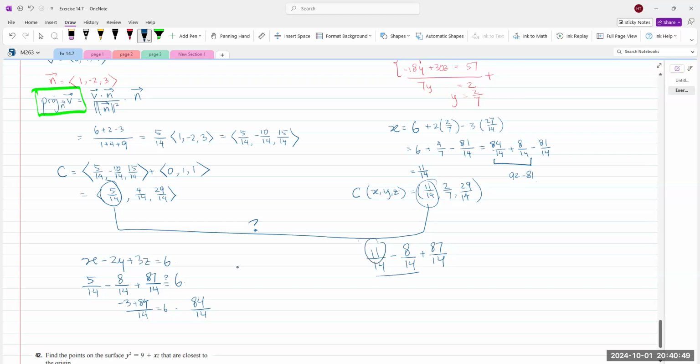No, that's not 11 over 14. I made a miscomputation somewhere earlier. 6 times 14 is 84, so that's 84 over 14. Multiplied by 2, that's 8. Multiplied by 2, 81 over 14.